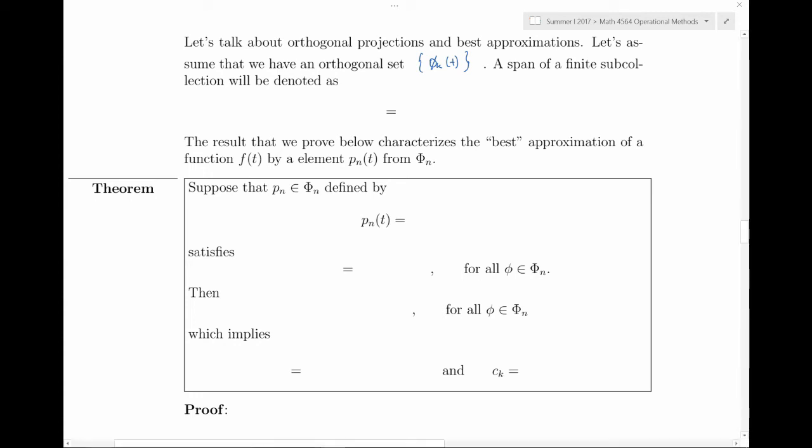And if I take a finite subcollection of these functions and create a span, meaning I take all possible linear combinations of the functions phi k of t, where k will go from, say, 1 to n.